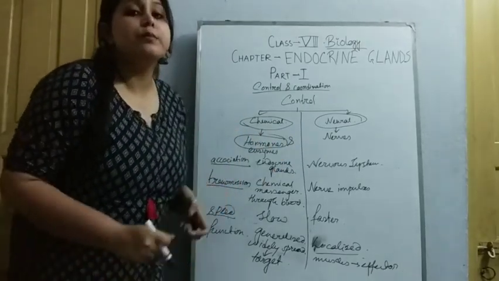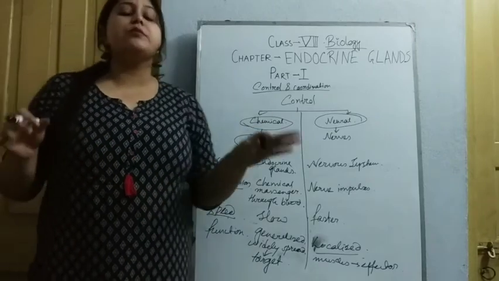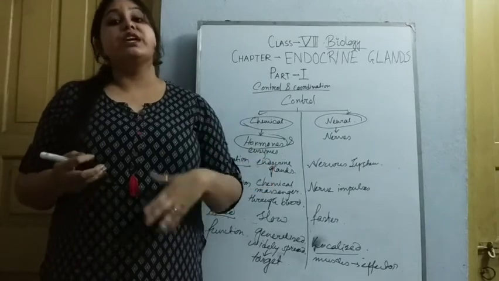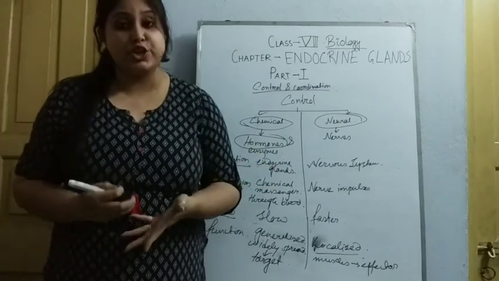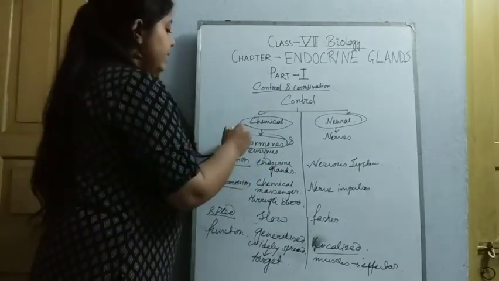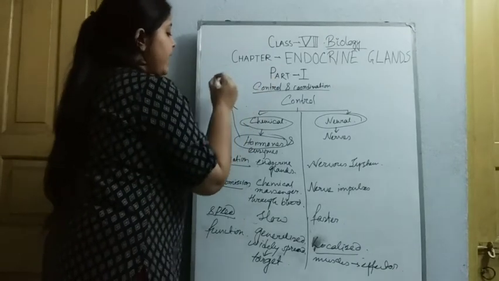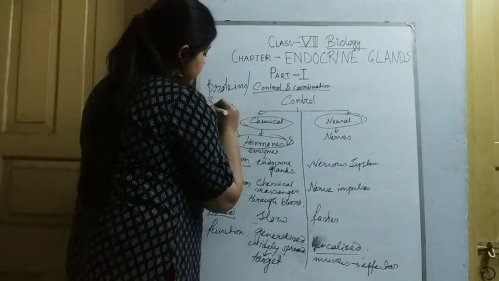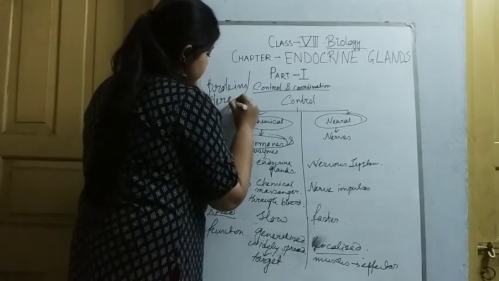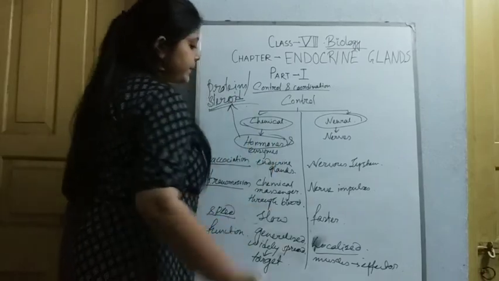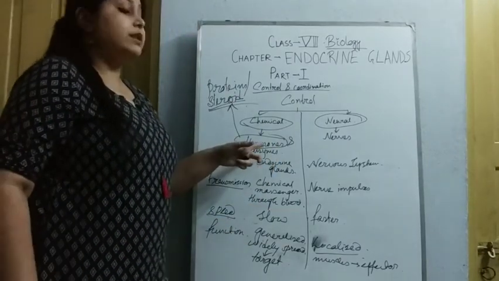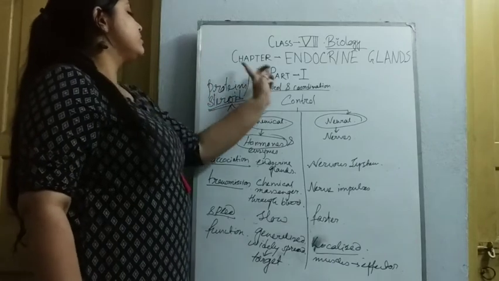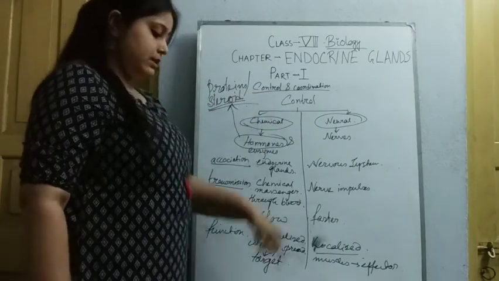Now, in this chapter we have to know mainly about the hormones. So what is a hormone? A hormone is nothing but a chemical messenger which helps in control and coordination, and it is mainly made of proteins or steroids.